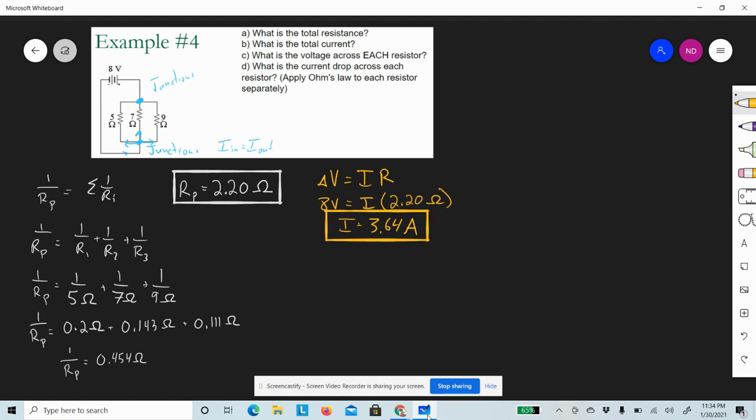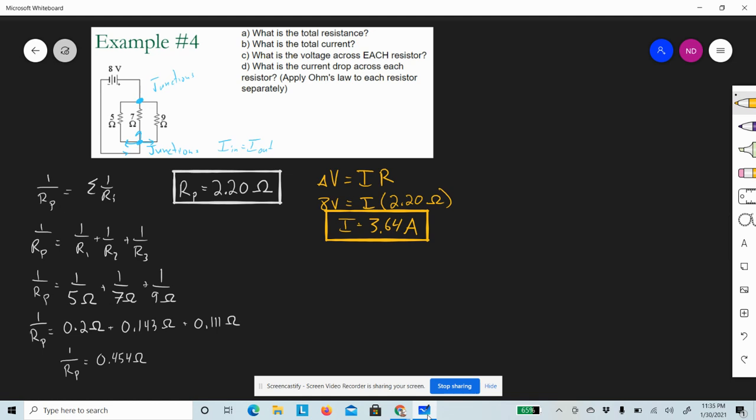All right. What's the voltage across each resistor? This is one of the rules that you must know. Each resistor, or I should say each loop, gets the voltage of the battery.